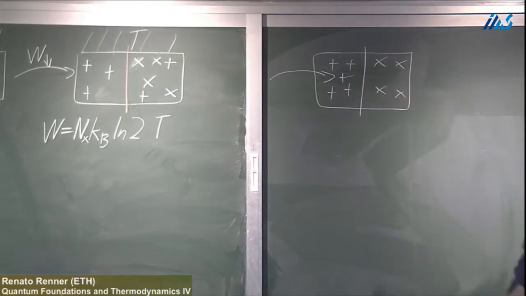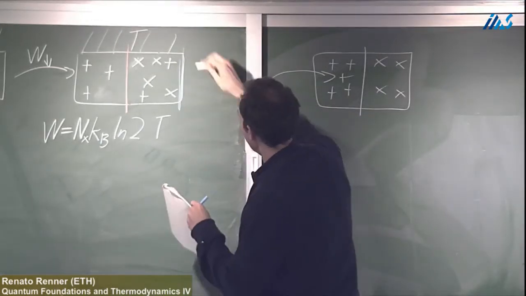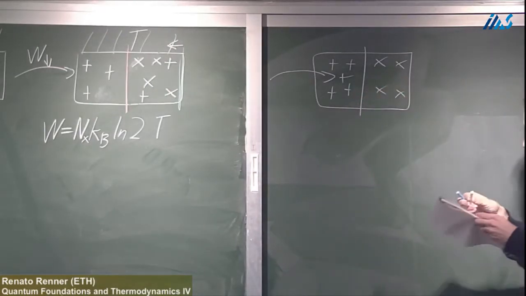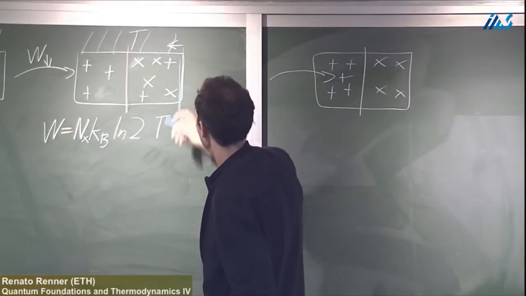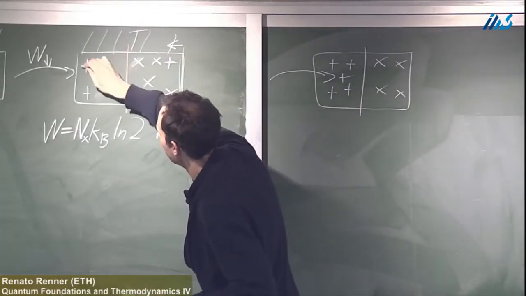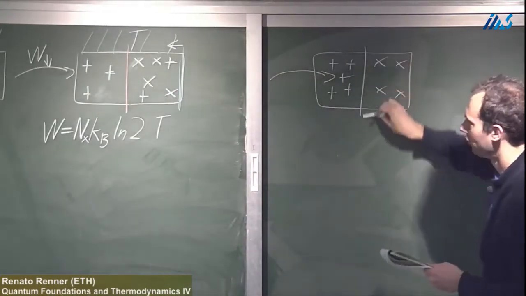So I just did now the same thing. So I assume that I have another wall that I insert here, and I move this wall slowly in this direction. And this wall has the property that all the times particles can pass through the wall, but the plus particles cannot pass through the membrane. And so then if I move it, I end up in this situation here.